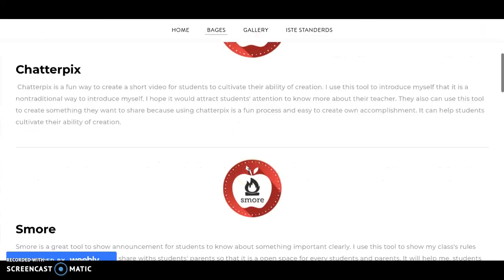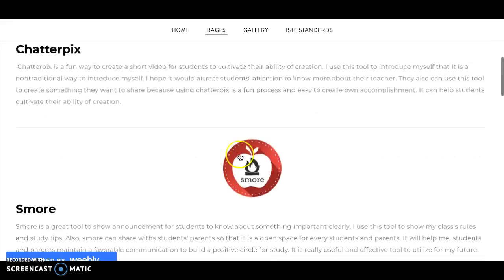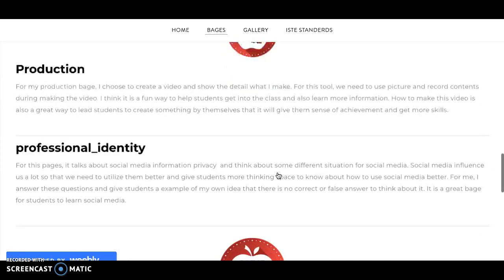It is really suitable for students to develop their ability of creation. Also, tools like Kahoot are really good to use in my future classroom, because I can use them to help students deeply understand what they want to learn and what they want to know.